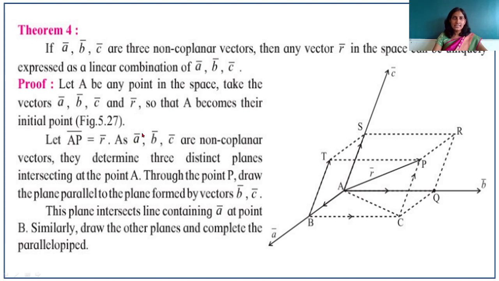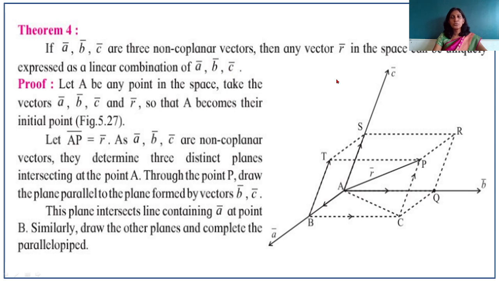I repeat my sentence: the theorems which belong to this topic are very, very important for the board examination. This is our fourth theorem. If a bar, b bar, c bar are three non-coplanar vectors, then any vector r bar in space can be uniquely expressed as a linear combination of a bar, b bar, c bar.